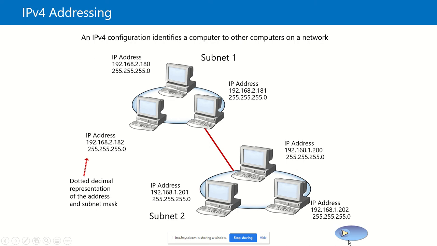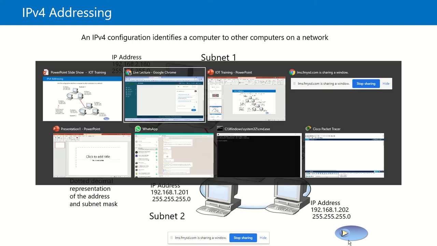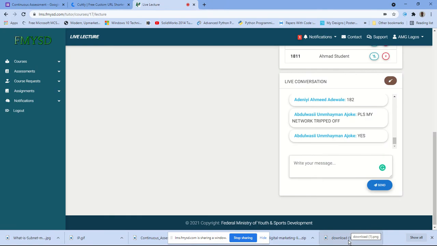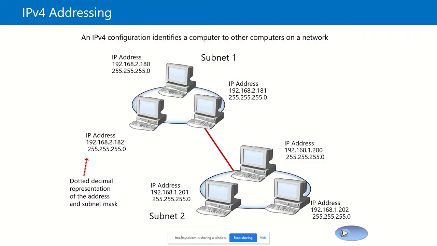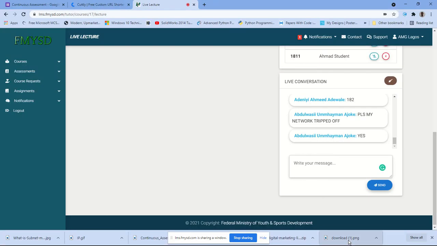And then when we now have another network, do you notice the change in the network address? If you notice the change in the network address, can you identify it for me on our live conversation? What's the change in the network address between this first subnet and the second subnet?